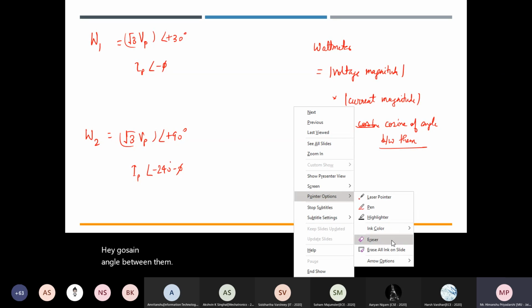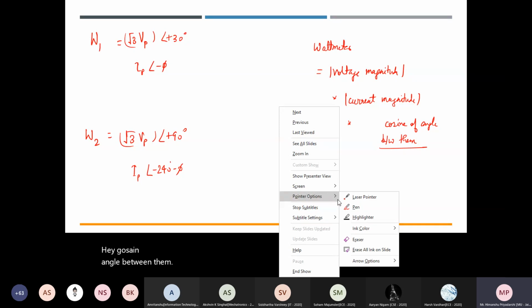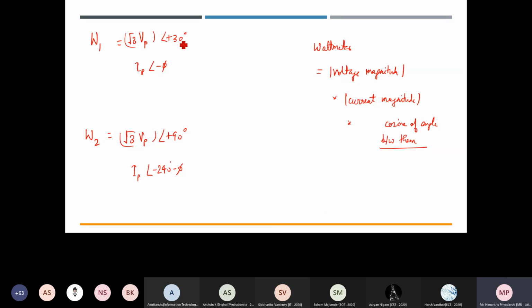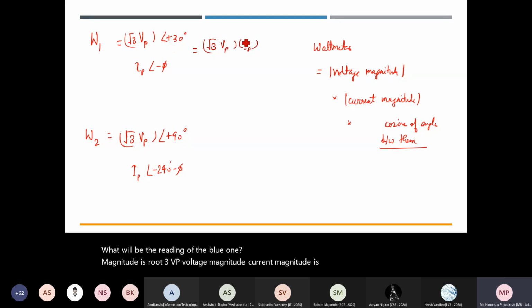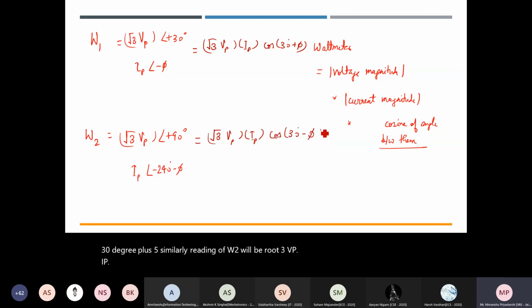So tell me, what will be the reading of W1? Voltage magnitude is root 3 VP, current magnitude is IP, and angle between them is 30 degree plus phi. Similarly, reading of W2 will be root 3 VP IP cos of 30 degree minus phi.